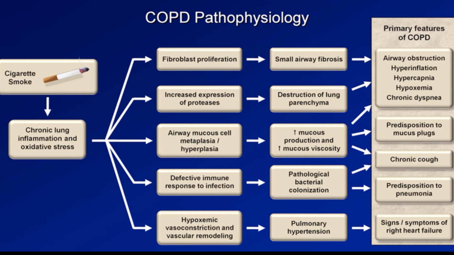And as a result of this, you get small airway fibrosis, you get destruction of lung parenchyma, you increase the mucus content in your respiratory tract, and you get pathological bacterial colonization of your lungs, and this hypoxic vasoconstrictor response will lead to pulmonary hypertension. All these mechanisms will lead to the primary features that we see in COPD patients: the chronic airway obstruction, the hyperinflation, the hypercapnia and the hypoxemia, the chronic dyspnea, and the predisposition to lung infections with chronic cough, and also the signs and symptoms of right-sided heart failure, what we call cor pulmonale.